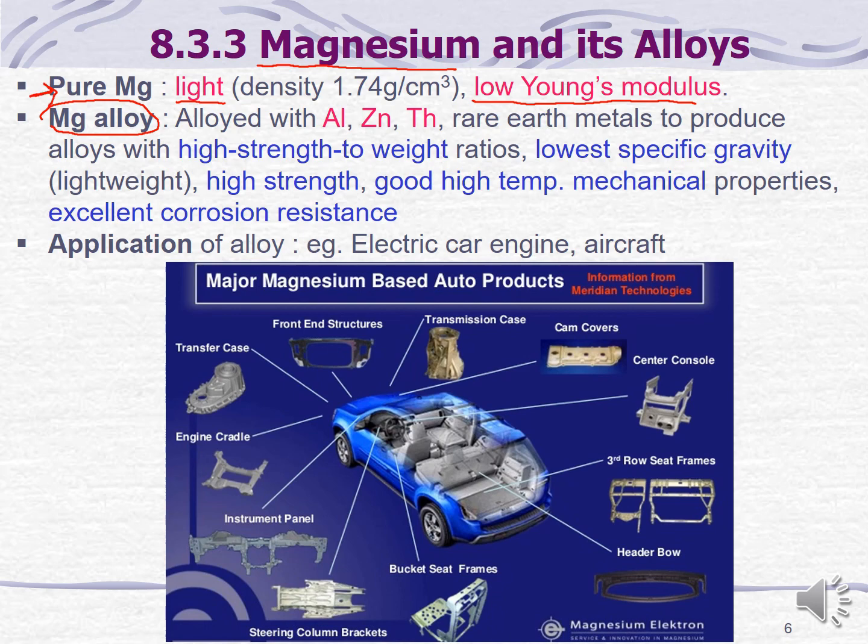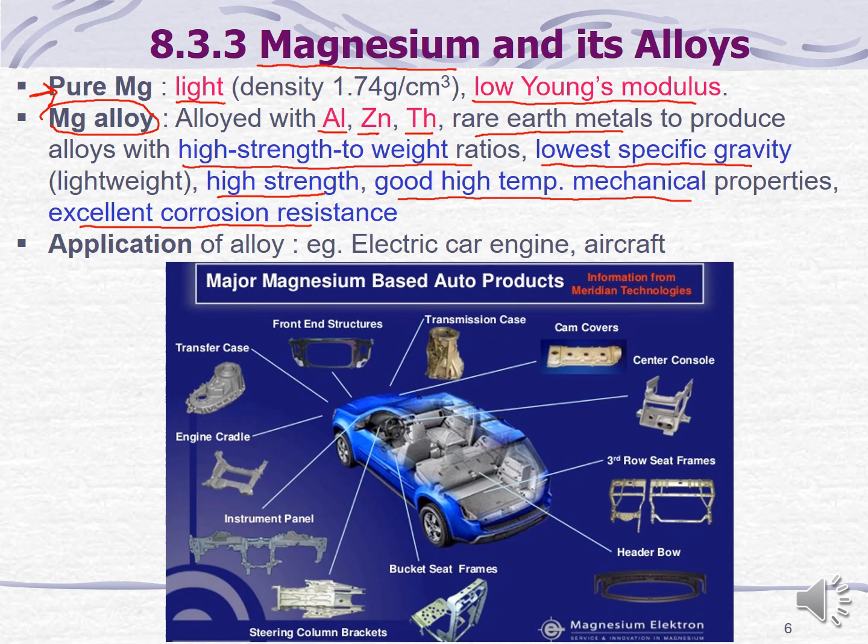For the magnesium alloy, the alloying elements are aluminium, zinc, and thallium, which are rare earth metals, to produce alloys with high strength to weight ratios. These alloys have the lowest specific gravity, which means lightweight, high strength, good high temperature mechanical properties, and also corrosion resistance.